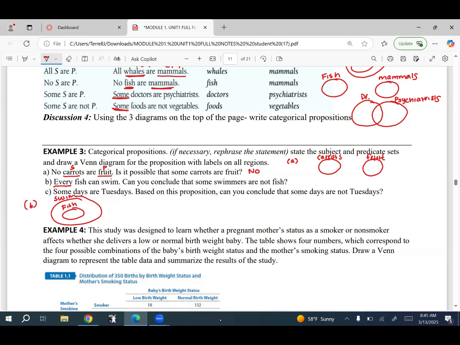No, all fish are swimmers here. So nothing really new here. We're just translating these propositions, these phrases into a Venn diagram. We're again still looking at the relationship between the sets.